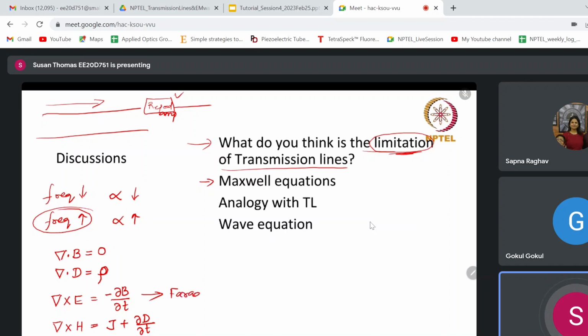So this is basic Faraday's law, which you may have learned in your 12th standard physics. The same law is written in this form: del cross E is equal to minus dou B by dou T. That is, a changing magnetic field causes a change in electric field.